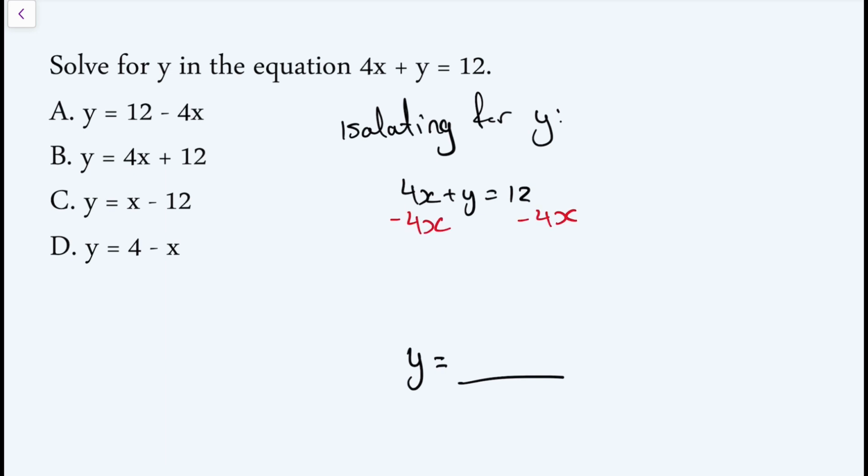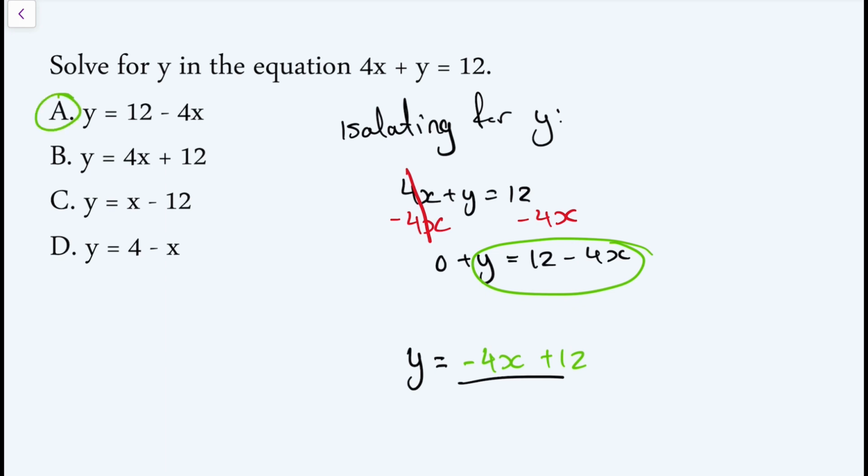What we do to one side, we do to the other. 4x minus 4x is 0, plus y is equal to 12 minus 4x. So then y is equal to negative 4x plus 12, or 12 minus 4x. Either order makes no difference. I also realize that the solution is in this order, so that's A.